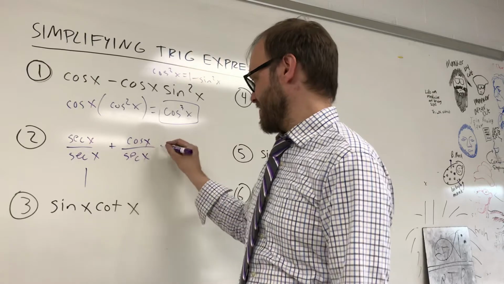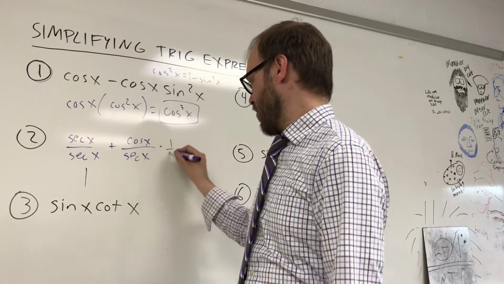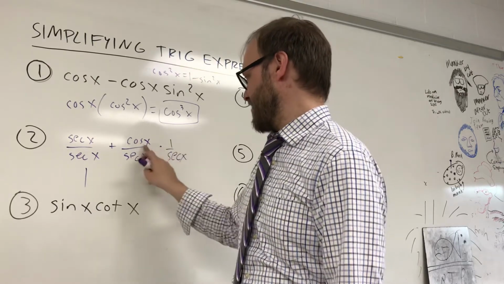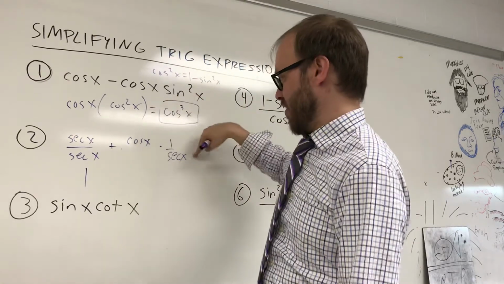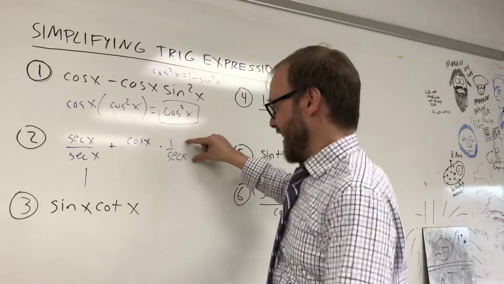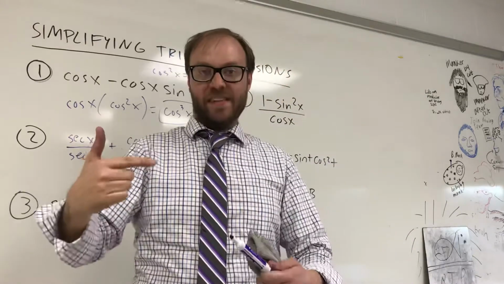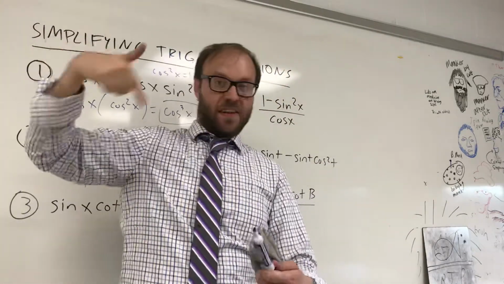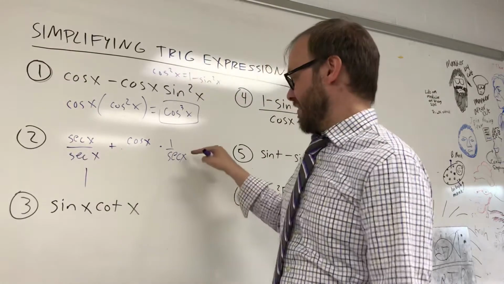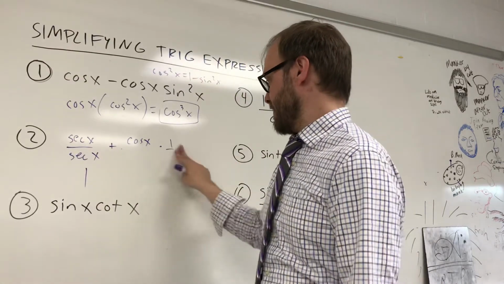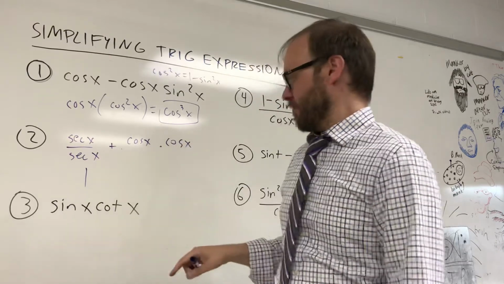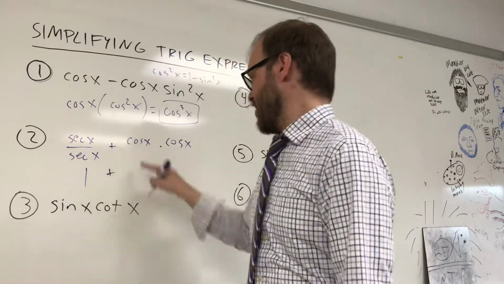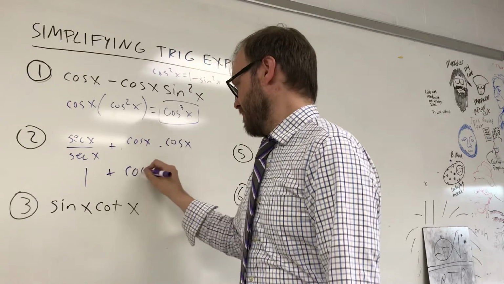I'm going to rewrite this as cosine times 1 over secant of x. I'm basically factoring out. This is still a cosine over a secant, but then I can flip that secant. That shows me that secant's reciprocal is basically going to go up into the numerator. 1 over secant is the same thing as cosine. So we got 1 plus cosine squared of x.